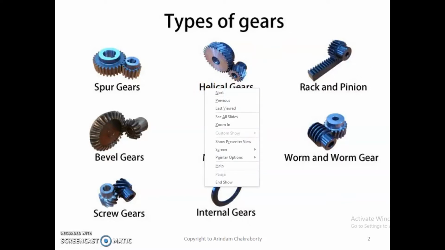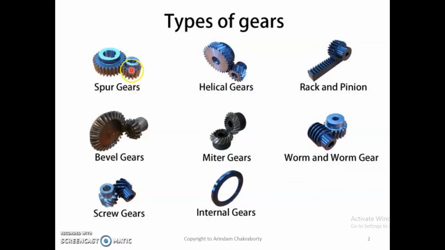Now you could see that this is the teeth of the gear, and this is the center line of the gear. They are parallel to each other. When the teeth of the gear and the center line are parallel to each other, this is termed as a spur gear.